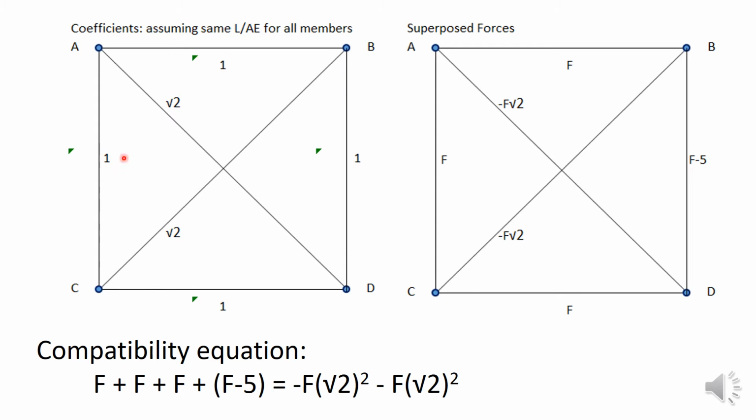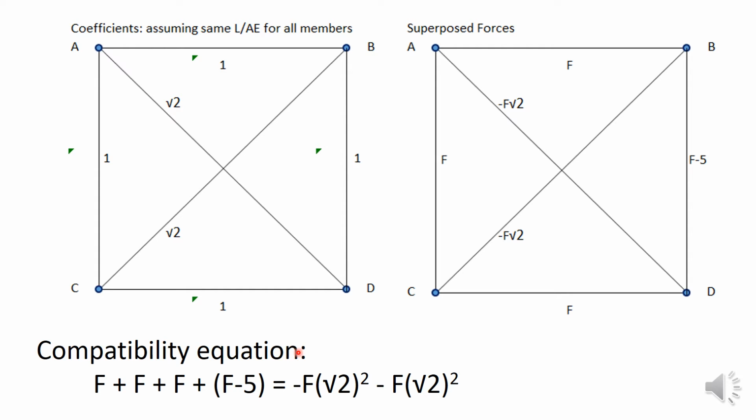So it's 1 times F, 1 times F, 1 times F, 1 times F minus 5. That's the sum on the perimeter. On the diagonals you have root 2 times minus F root 2, which is minus F root 2 squared, and similarly here root 2 times minus F root 2, similar term here. So this is our compatibility equation.